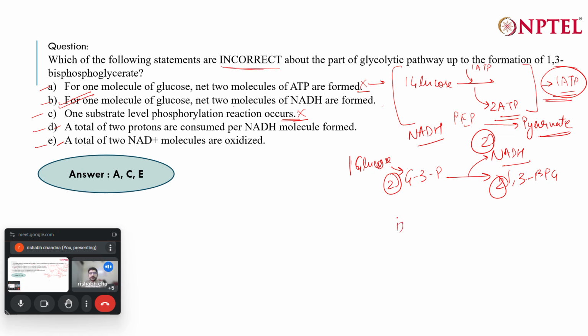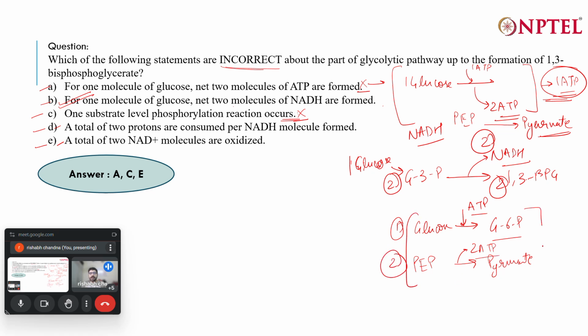First is the conversion of glucose to glucose 6 phosphate, because here ATP is directly involved in transferring the phosphate group, and the second reaction is from phosphoenol pyruvate to pyruvate, where two molecules of ATP are released. So these two are the substrate level phosphorylation reactions in glycolysis. So C option is false.